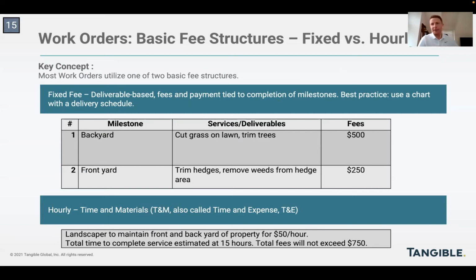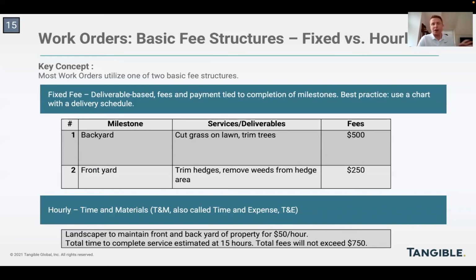Putting aside the complex industry of tech consulting, we're going to develop this concept in a really easy hypothetical transaction between a property owner and a landscaper.